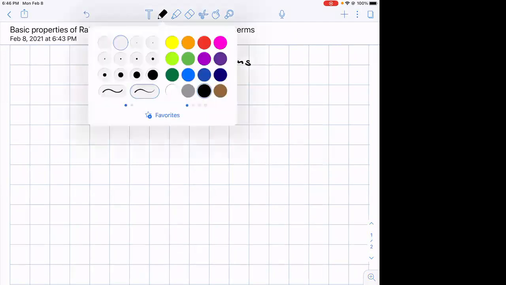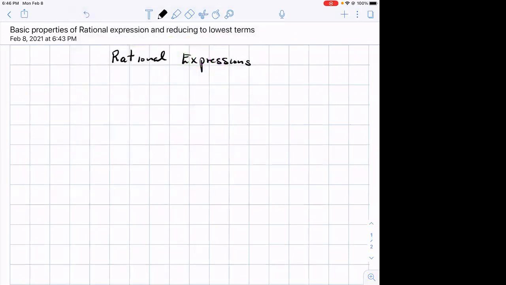So what is a rational expression, if you recall from one of the previous videos? Let's look at rational numbers first.